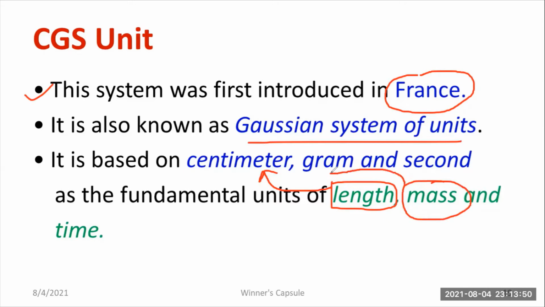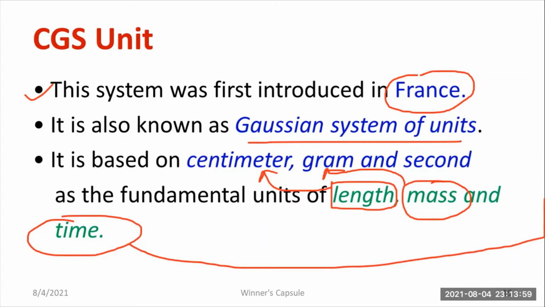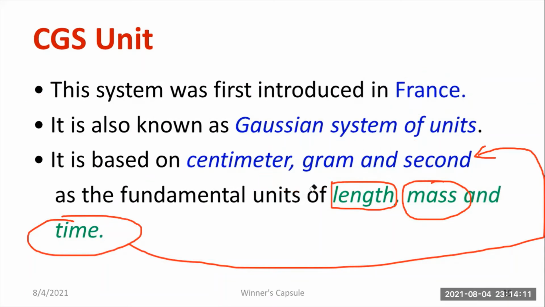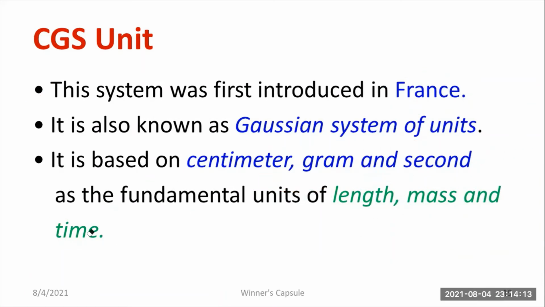What is the CGS unit of mass? It is gram. One more question: the physical quantity time. What is the CGS unit of time? It is obviously second. So these are the examples of CGS units. Please note this down. This can be expected in a viva, exam or any other competition. I hope it is very clear to you.